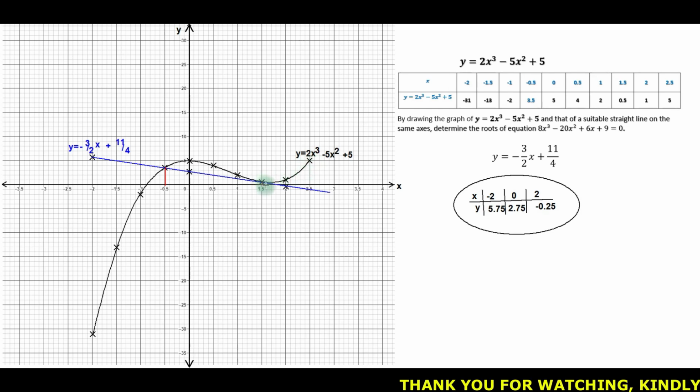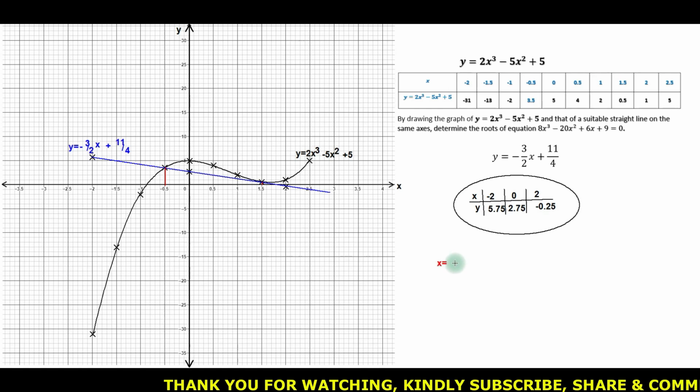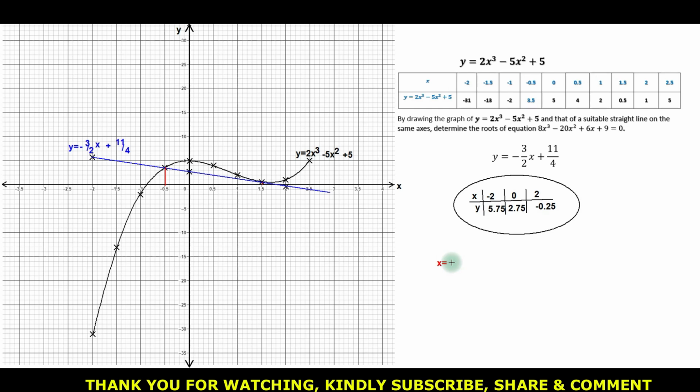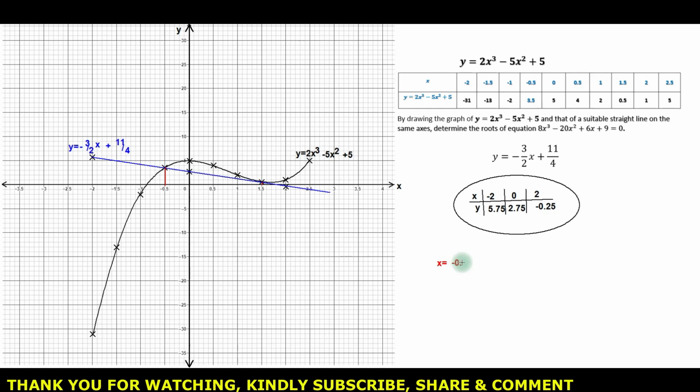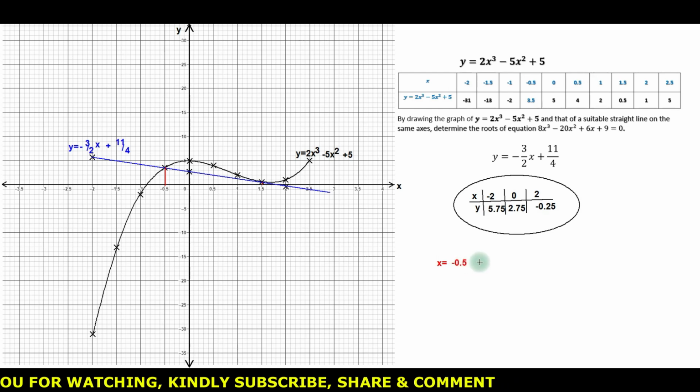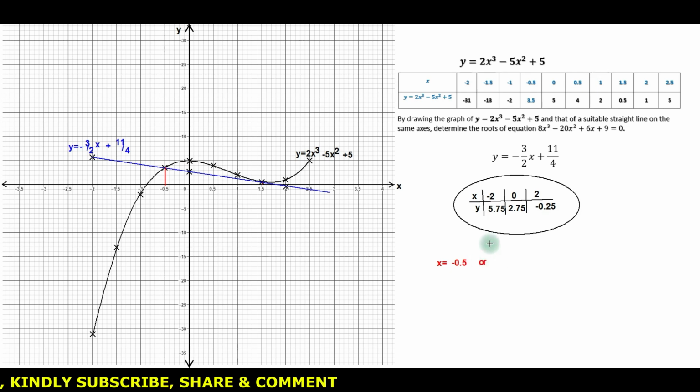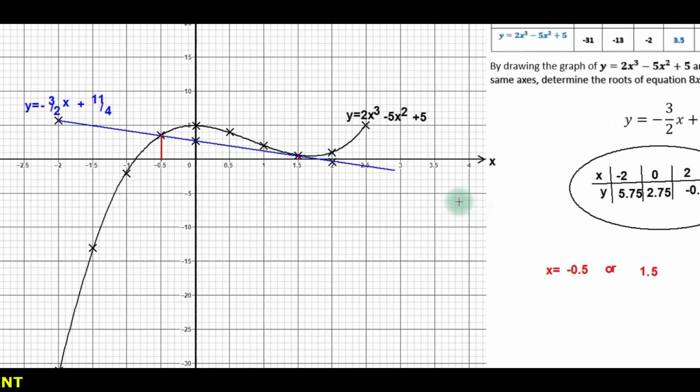So that means the values of x will be either minus 0.5, or here it is 1.5. So that's how we solve this question.